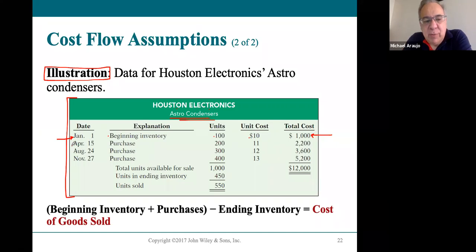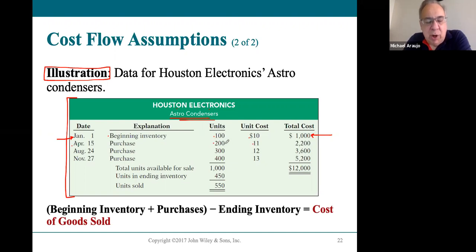As you can see, a few months later in April, they went out and bought more inventory. They bought 200 more of these Astro condensers. Well, look what happened. When they went to purchase them and bring them to the store, it actually cost them $11 each. The cost had actually increased from $10 to $11 each.